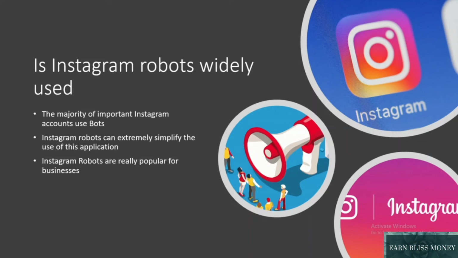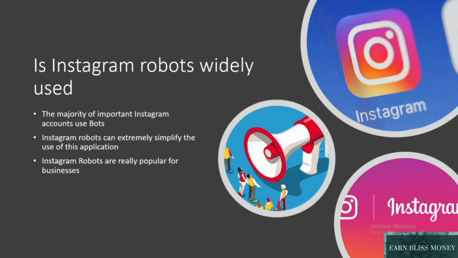Instagram robots are really popular for businesses, also for small businesses, especially businesses that do drop shipping. It could be, for example, clothing brands, high-tech brands, any small brand. Instead of having a marketing team that will work on their Instagram and their Facebook, they just have a bot.